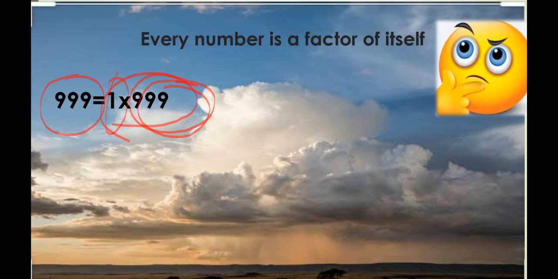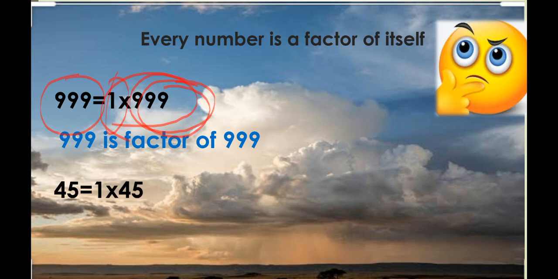Any number you take, every number is a factor of itself. So, 999 is factor of 999. 45. How can you write 45? 1 into 45. So, what can you say? 45 is a factor of 45. So, every number is a factor of itself. Understood? Please understand the concept. Okay.